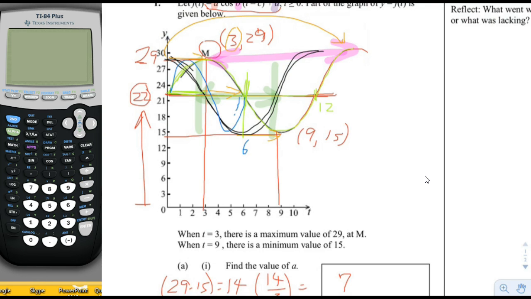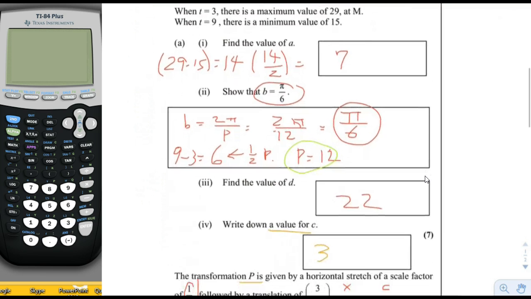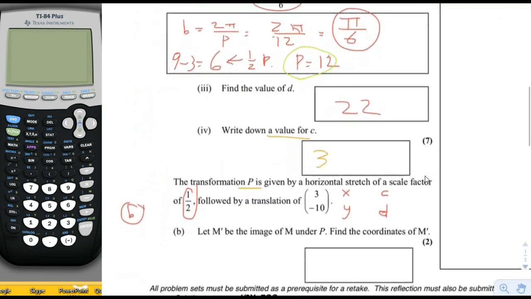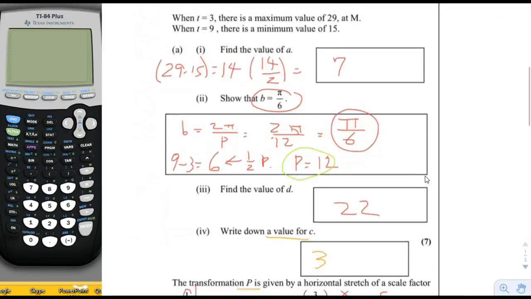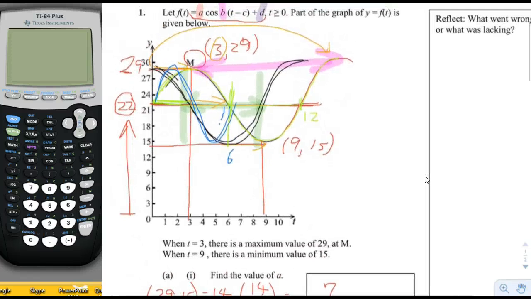It's going to be a small sine wave like that. Okay, and then the other thing that happens is it does a translation of 3 and -10. So in the x direction, it's going to go to the right by 3, so it's actually going to go to 9.